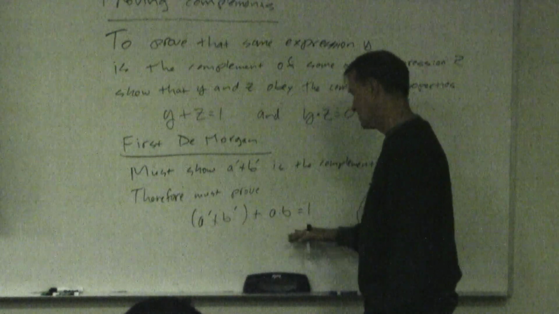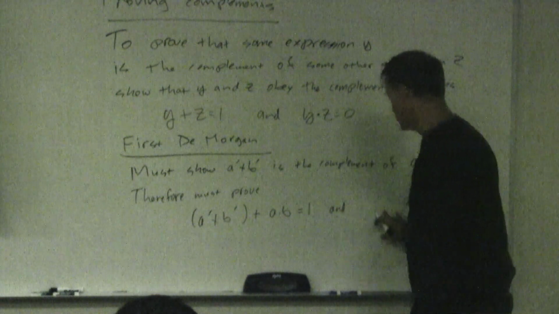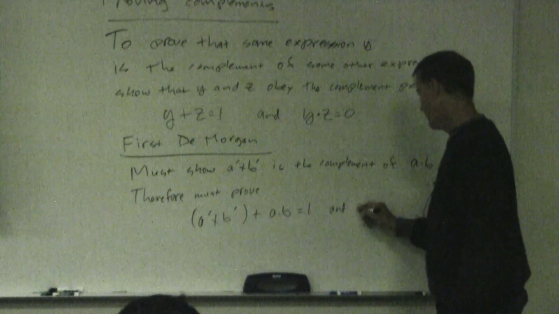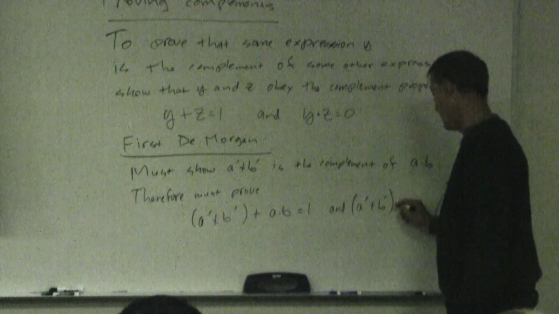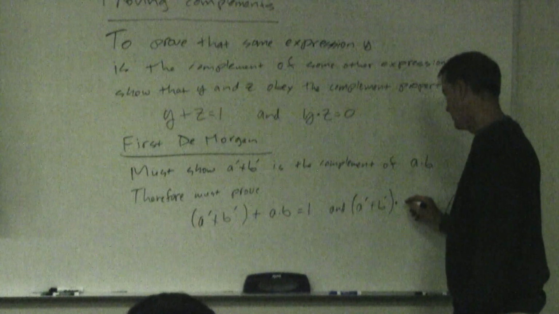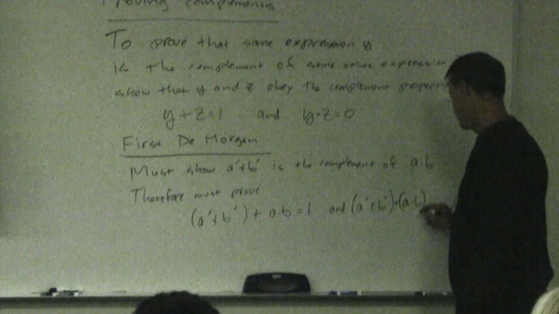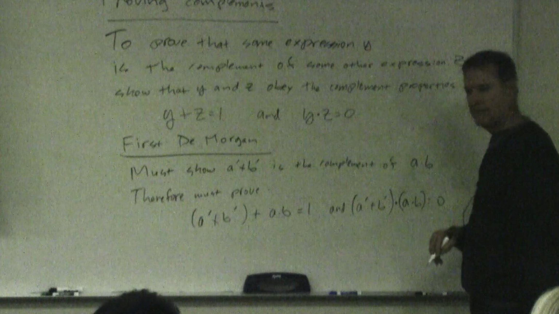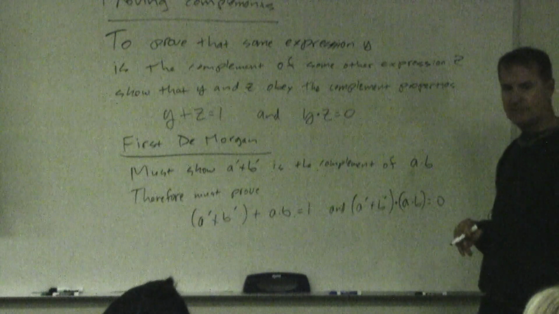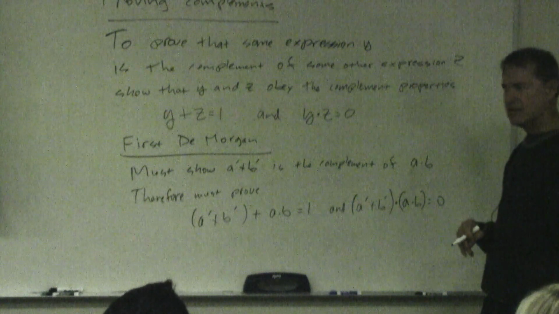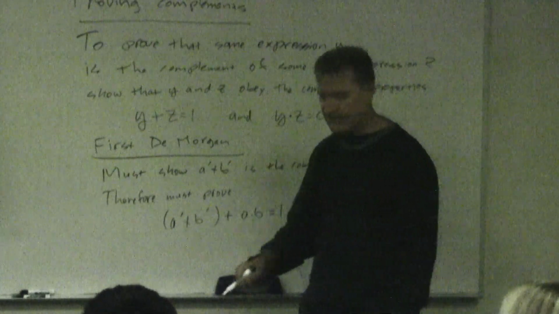We must prove this. And what else must we prove? That A prime or B prime, and A and B, is equal to 0. And therefore they will be the complements. All right? Does everybody see this? Can we focus on the sideboard and still see it?